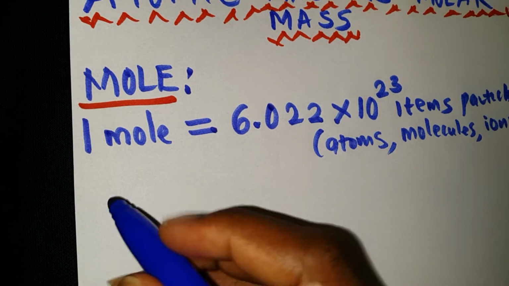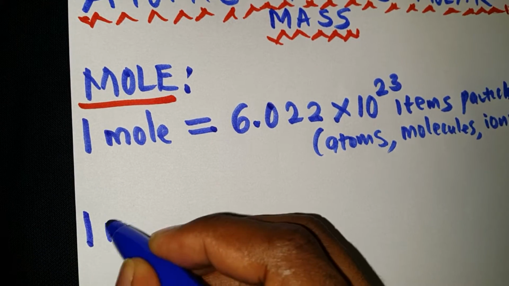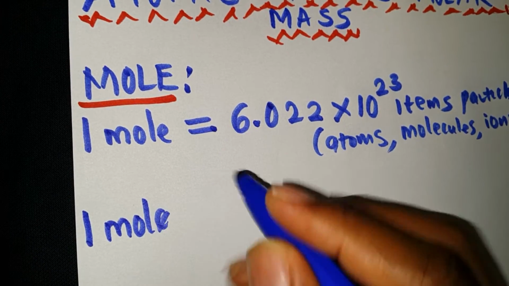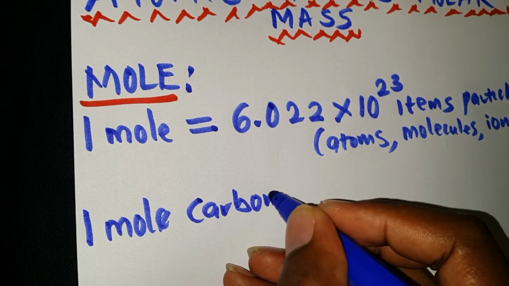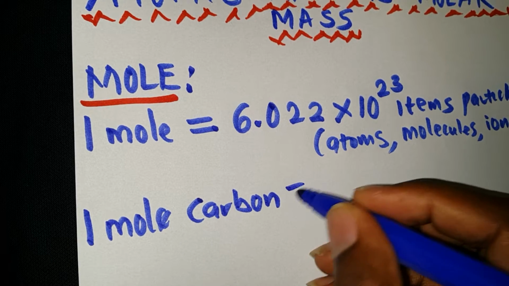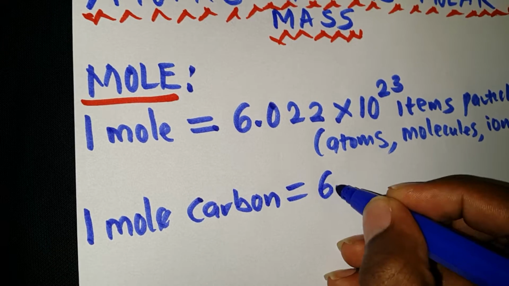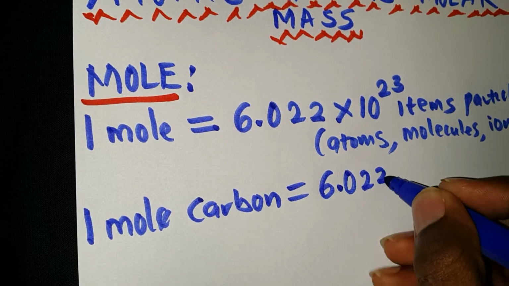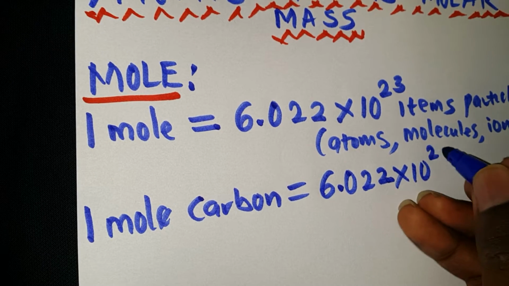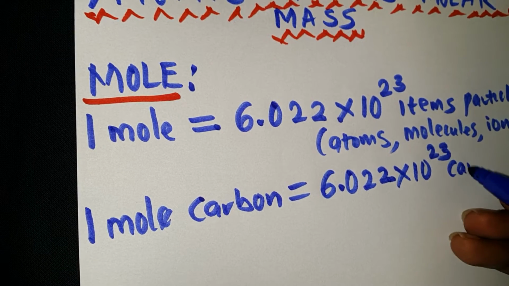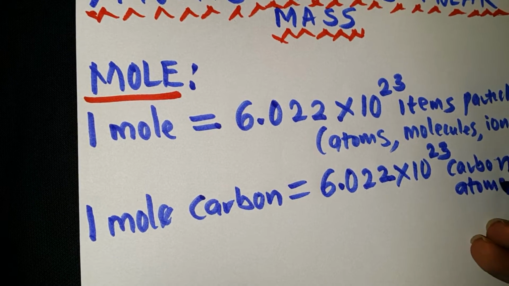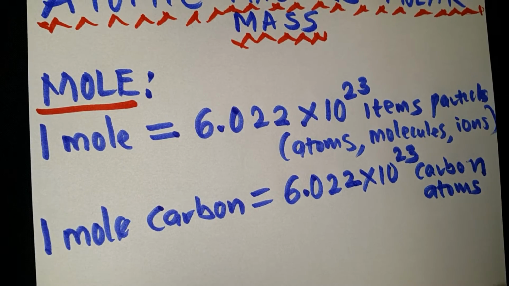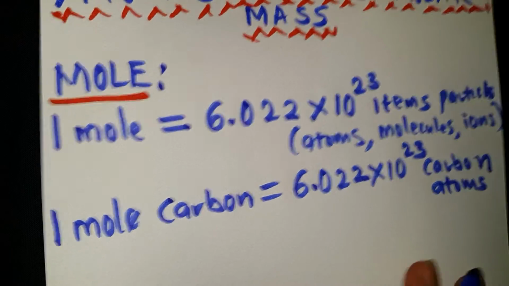Take for example 1 mole of carbon has 6.022 times 10 raised to the power 23 carbon atoms, or you can call it molecules or ions, still the same thing.